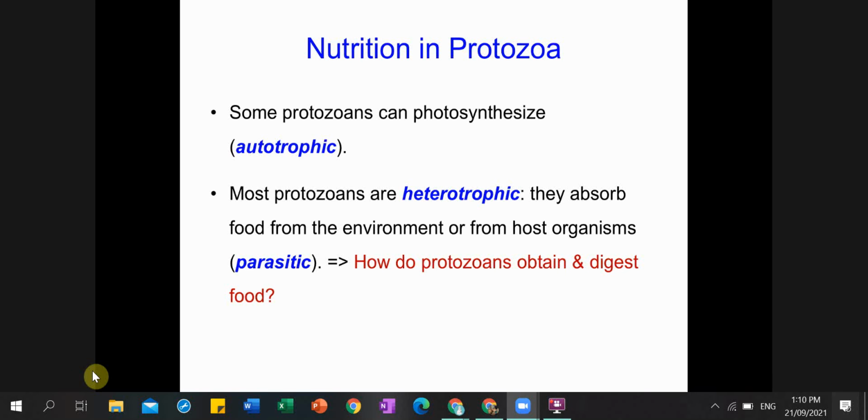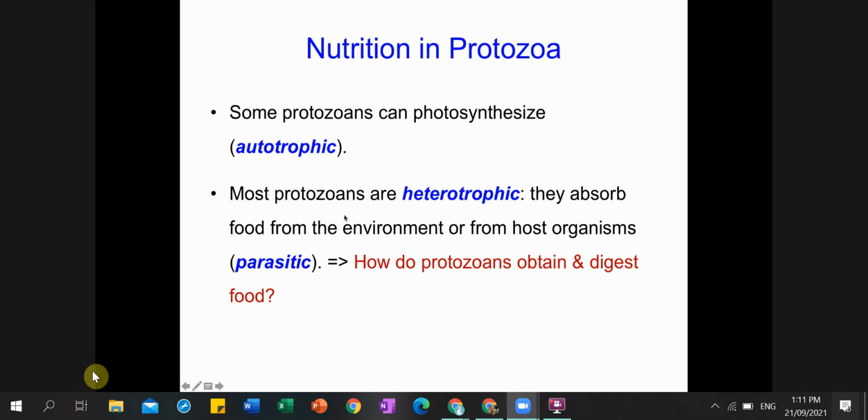And some of them can actually maintain both ways of nutrition. It means that some of them can photosynthesize, but still they take food from the environment. We will have a look at them later to show that some of them which can photosynthesize also have the organelles to take food from the environment.